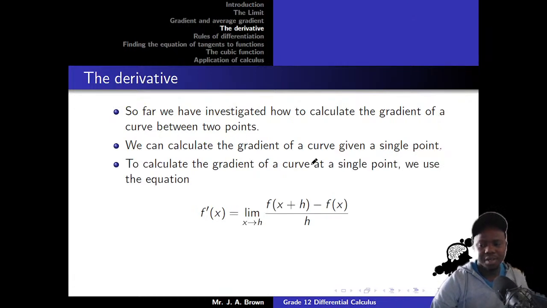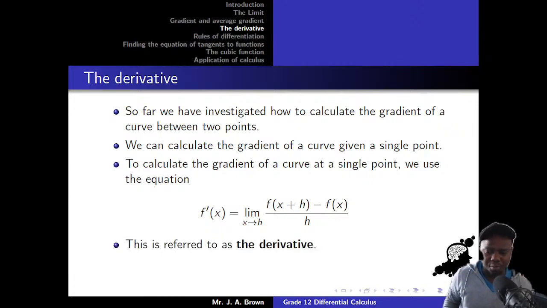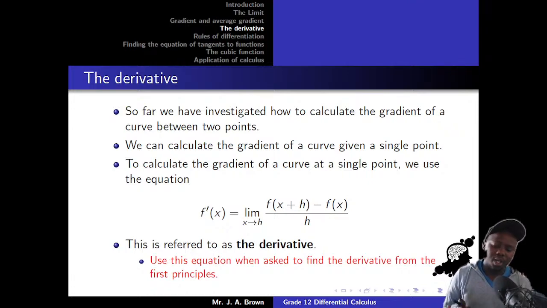And to do that, basically what we do is we take our formula for the average gradient, but then we take the limit as h approaches 0. And this formula, you're familiar with it? This is your derivative. This is what they call the first principles. We only use this formula when the question says that you need to find the derivative from the first principles.